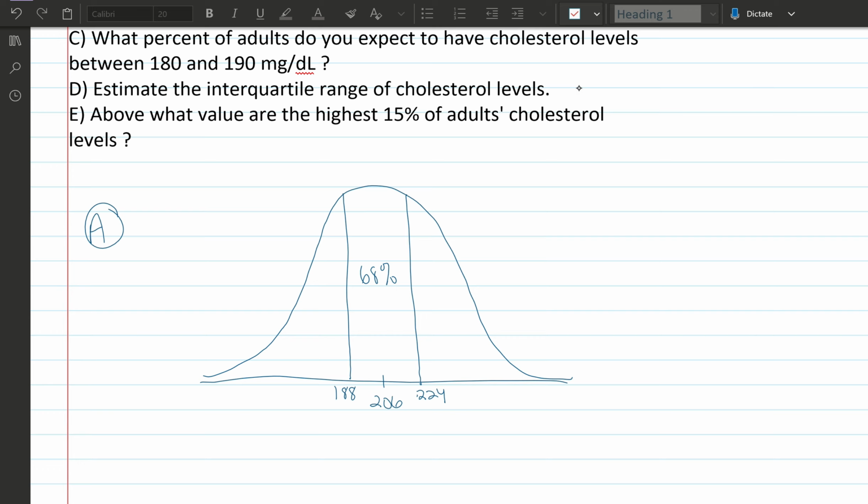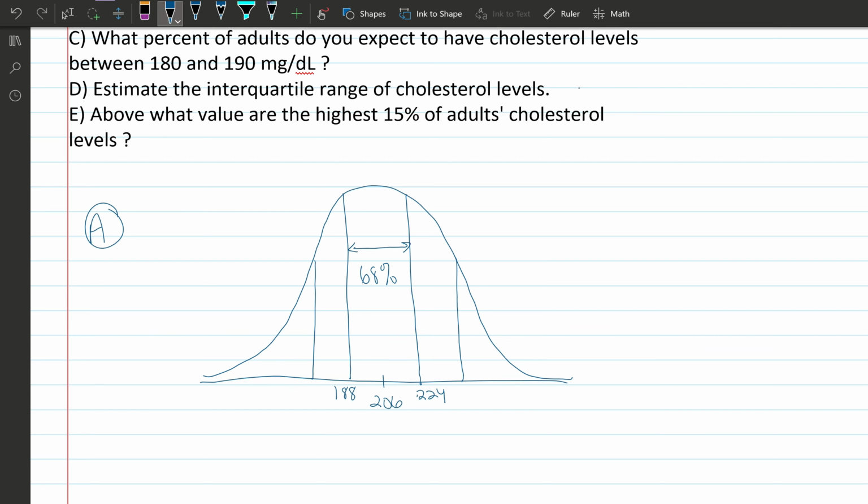Alright, next we have two standard deviations. So with two standard deviations, we say that 95% of the values fall within two standard deviations of the mean.